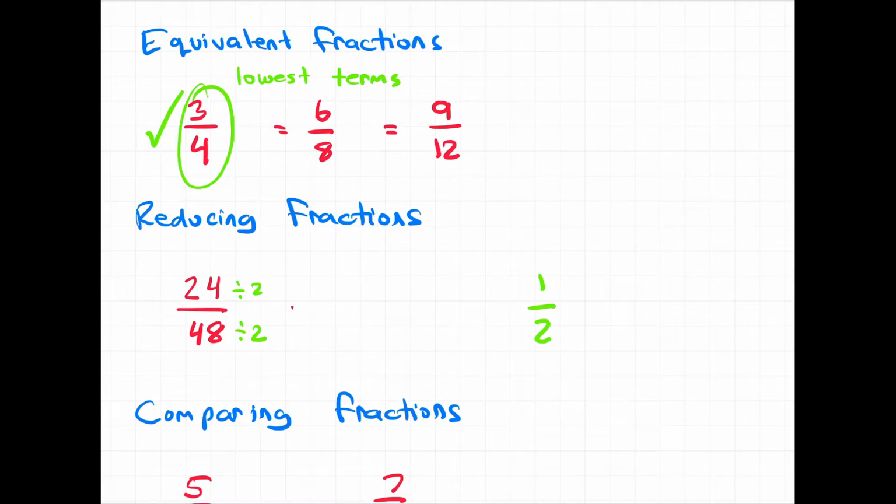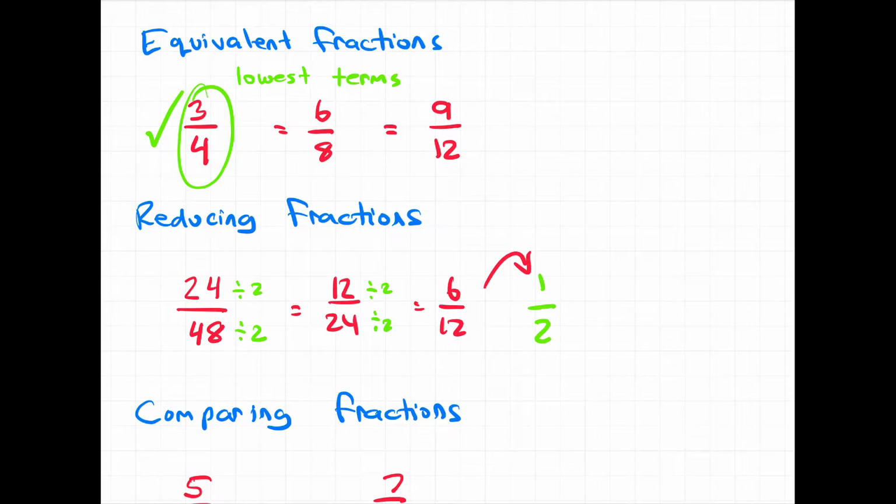So that's going to equal 12 over 24. Now both the numerator and denominator are even, so I can now divide by 2 again. And I end up with 6 over 12. And again, I can do some division, and eventually I will get down to 1 over 2.